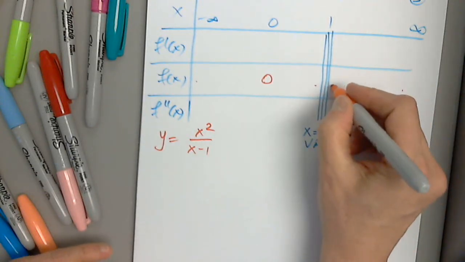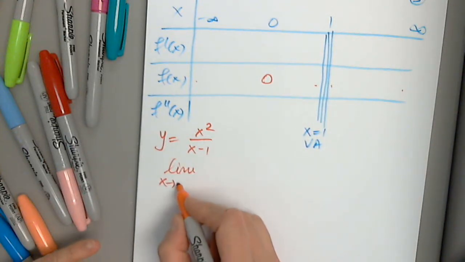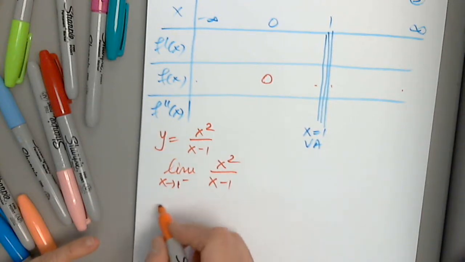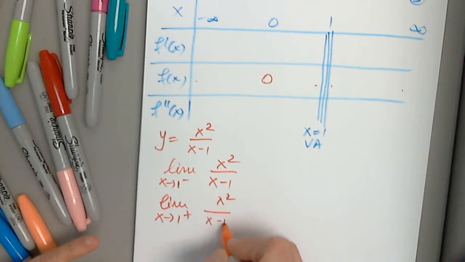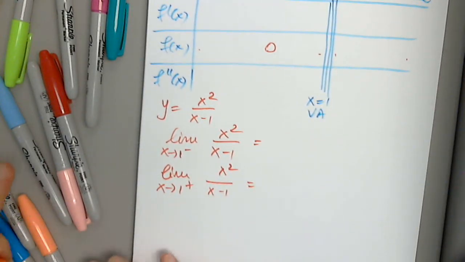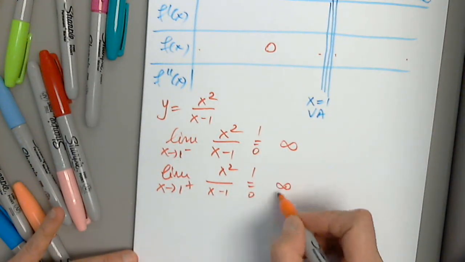Let's find the limit left and right of 1. So the limit as x approaches 1 from the left of x squared over x minus 1, and 1 from the right. What do we get? I already know it's 1 over 0. I already know it has to be infinity.